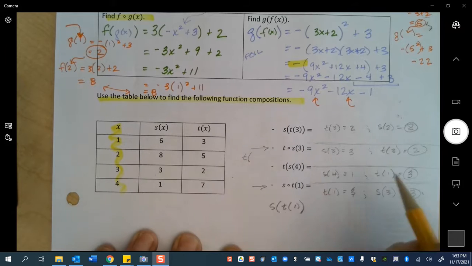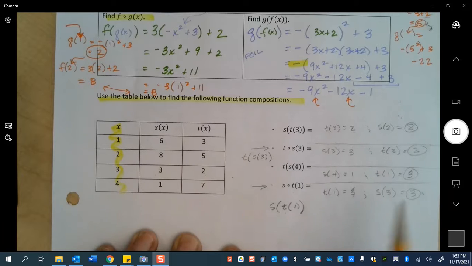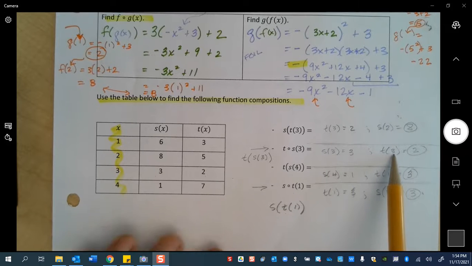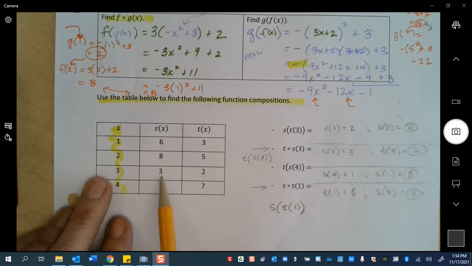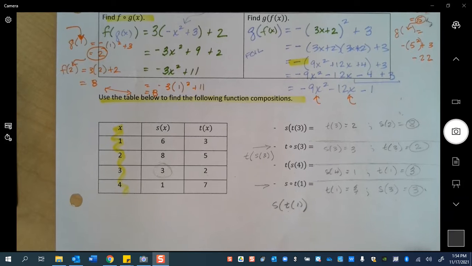This is T of S of 3. I'm going to take 3 and put it into S and then take that output and put it into T. Now, when I put 3 into S, the output happens to be 3. So don't let those 3's confuse you. How we doing?